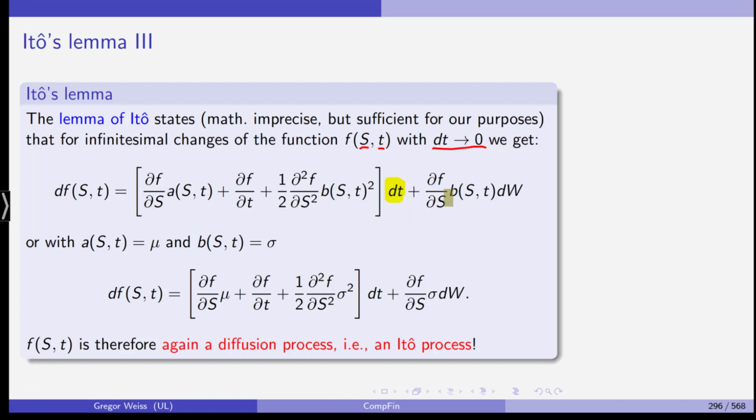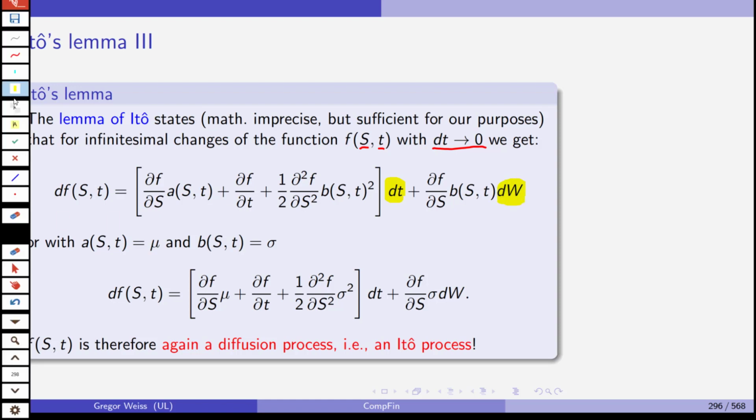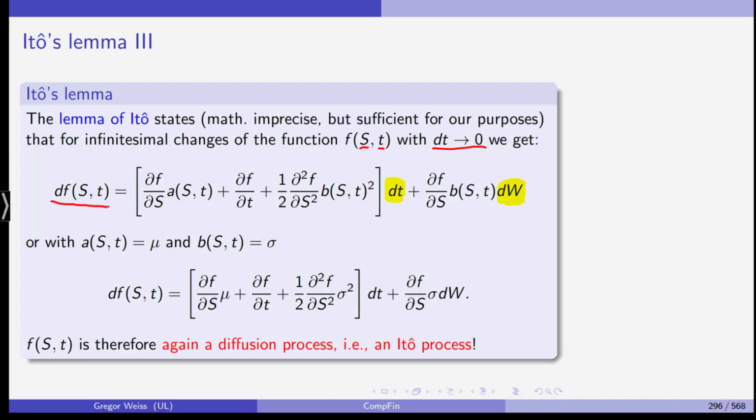And what is so striking is that now this tells us that the change in the function f is again a diffusion process. You have one very complicated drift function times the change in time plus a less complicated diffusion function times dw.